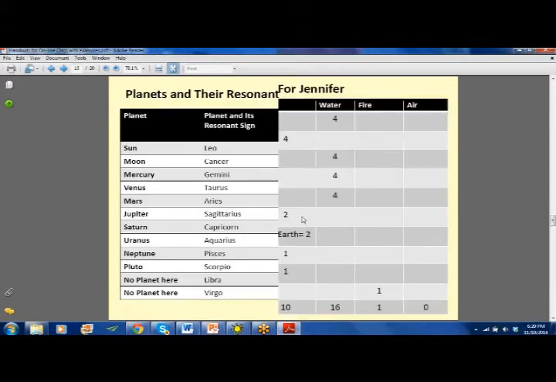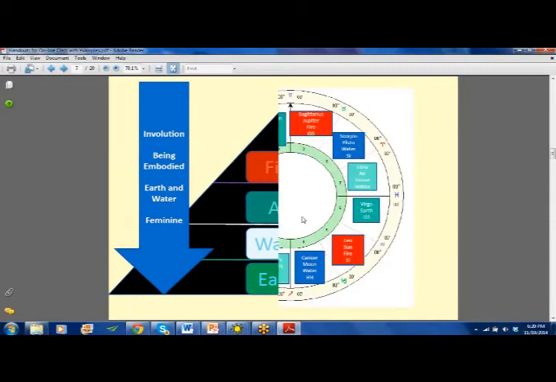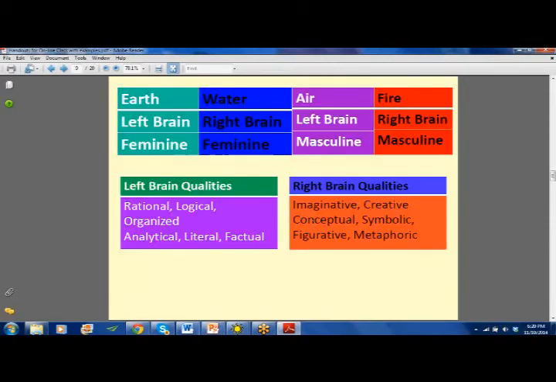I just wanted to go back to see where I got this. Yeah, this is it. She has Mercury in a water sign, which is right brain feminine, and it has a lot to do with imaginative, creative, conceptual, symbolic, figurative, metaphoric skills, qualities of the right brain.